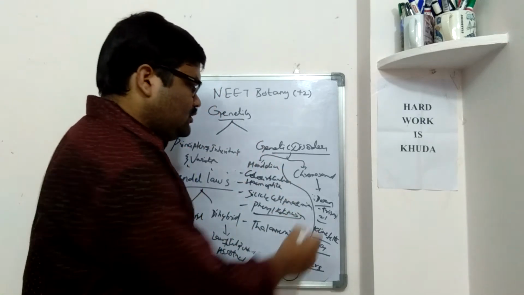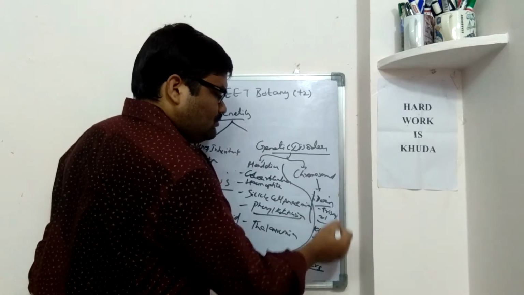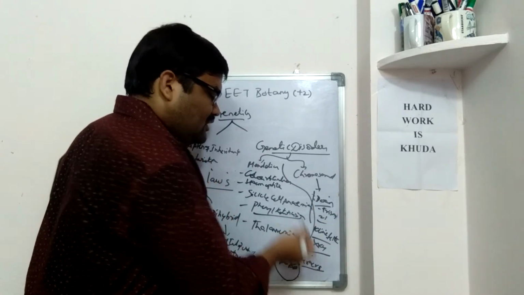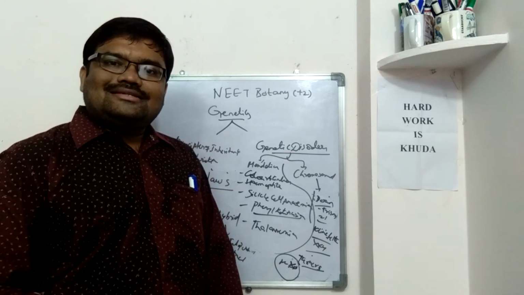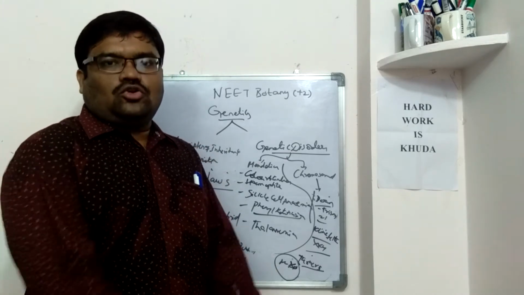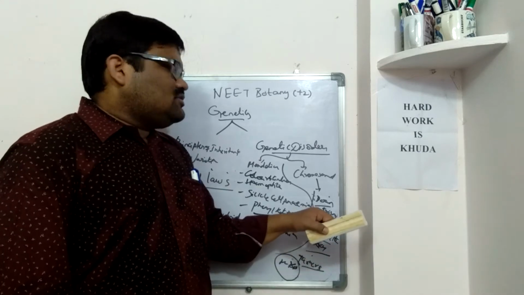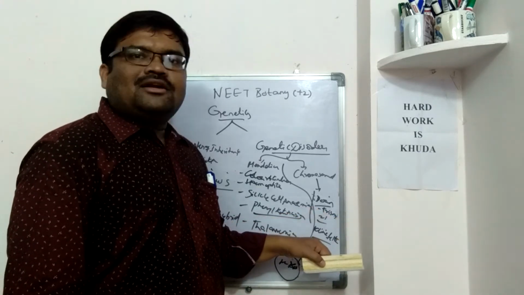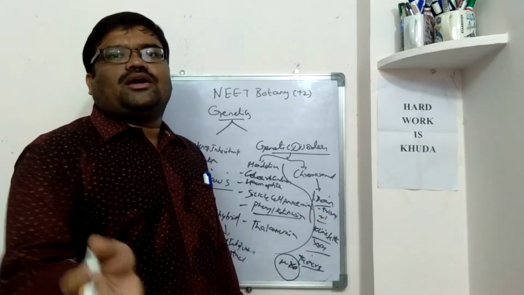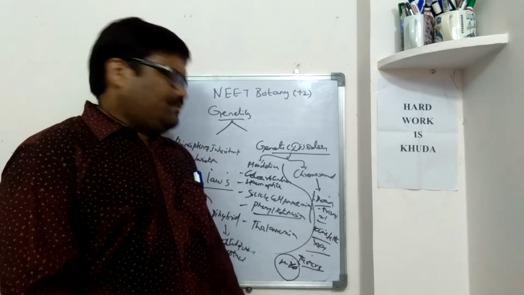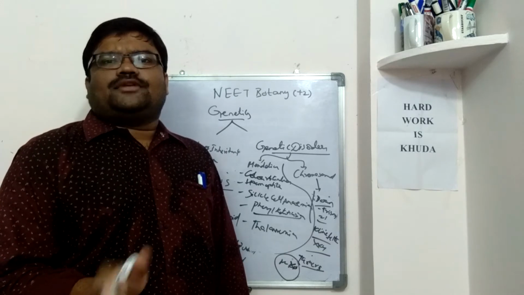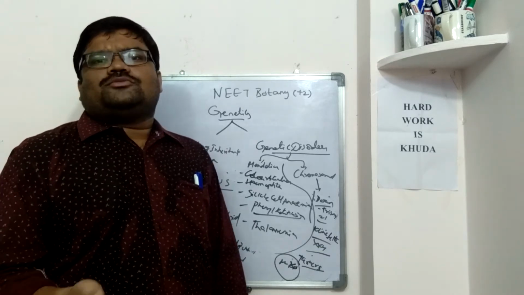The distinction between Down syndrome and Klinefelter syndrome versus Turner syndrome is that in Down syndrome and Klinefelter syndrome, one chromosome is extra. We get trisomy: Down syndrome is trisomy 21, Klinefelter is trisomy of the 23rd pair, that means XXY. XY is the normal complement, with an extra X chromosome. In Turner syndrome, XX is normal and one X chromosome is lost.